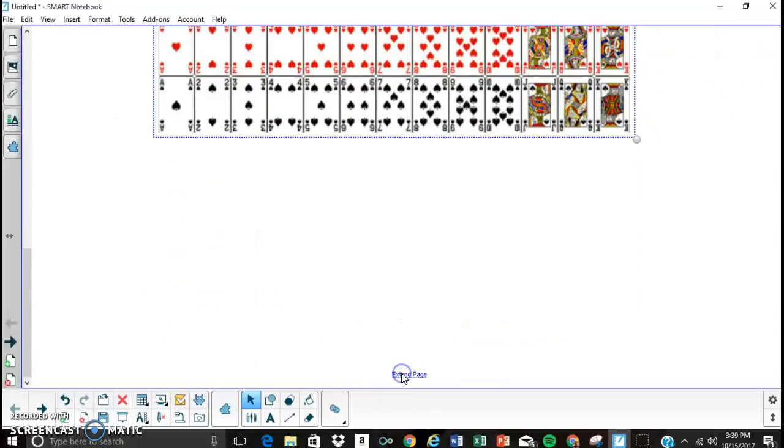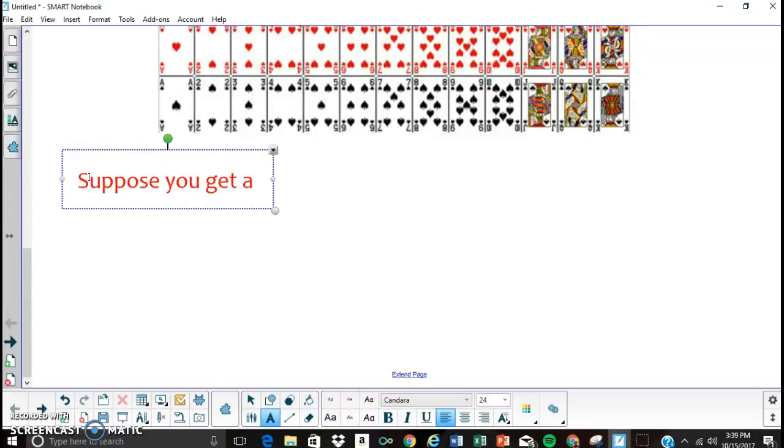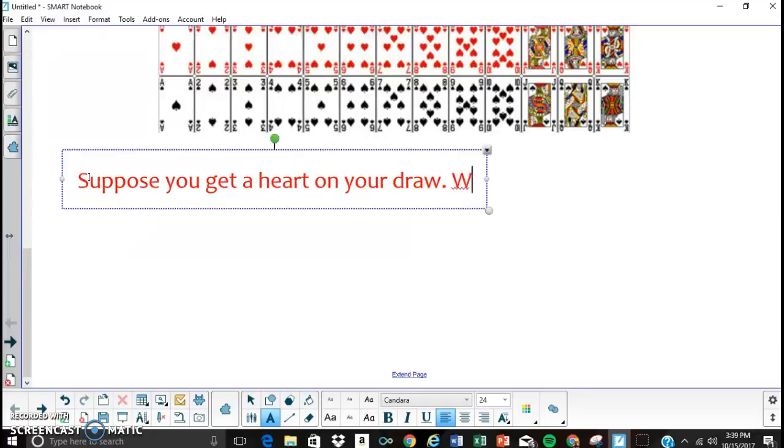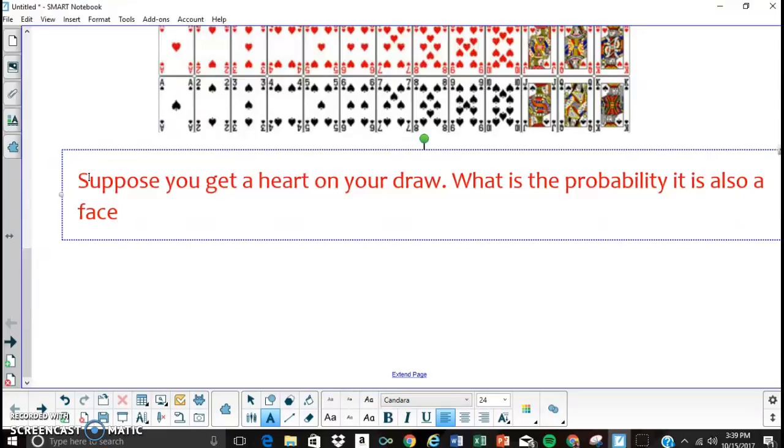Now, what if I said something like this? Suppose you got a heart. So this is that conditional probability.